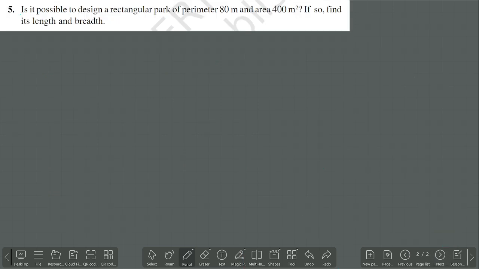Again here also: is it possible to design a rectangular park of perimeter 80 meters? Here also they asked to check whether the situation is possible or not. First we will check. They said it's a rectangular park. So what is the perimeter of a rectangle? Can you tell me, anybody?